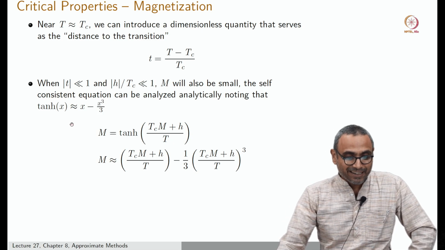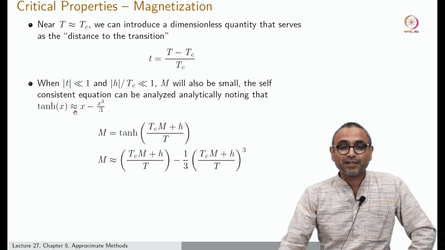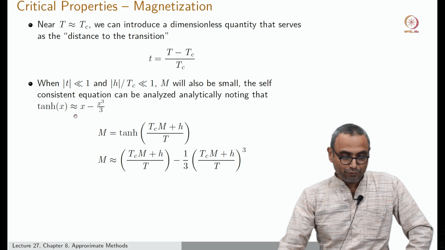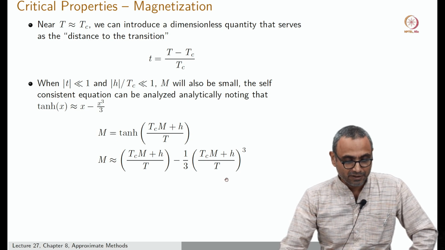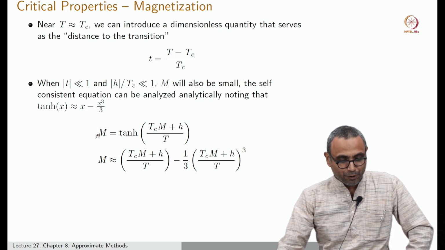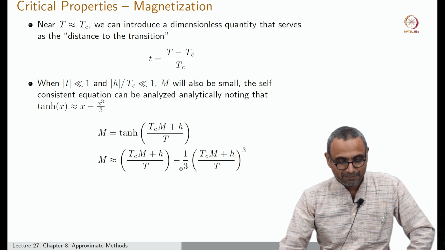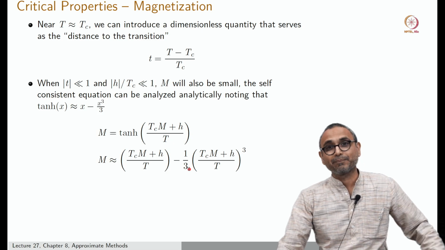Okay, there what you can do is this tanh function, the hyperbolic tan function, has an expansion x minus x cubed by 3. It is an odd function, so it has only odd powers of x, of course. So what I am going to do is take this m and replace it by the linear term here plus the cubic term with a factor of 1 by 3.